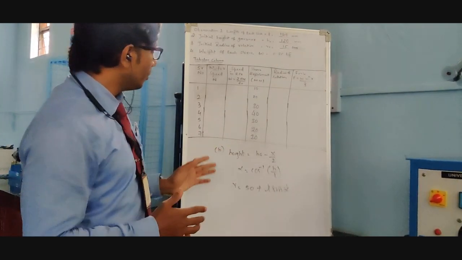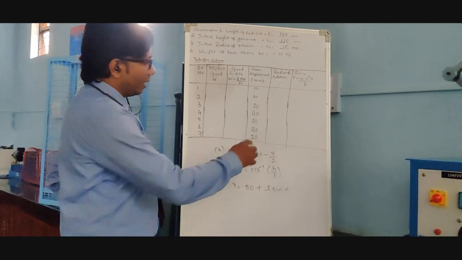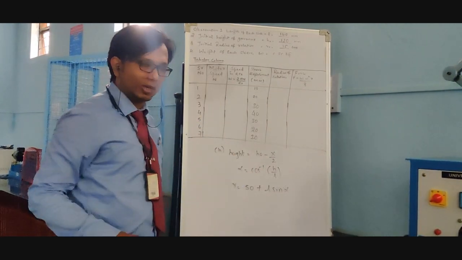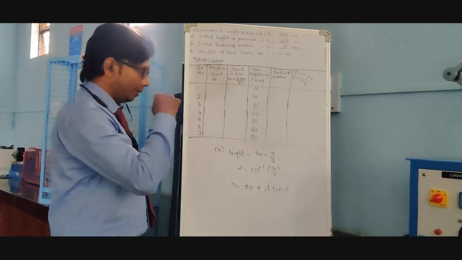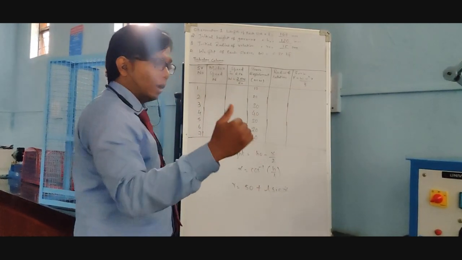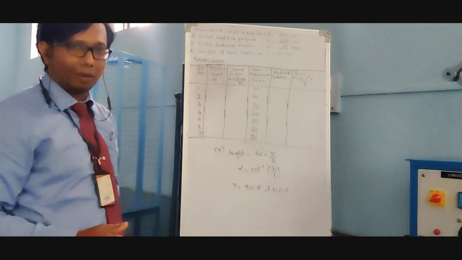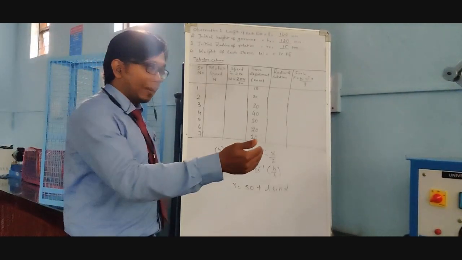In the observation, first I will select the sleeve displacement: for 10 mm, 20 mm, 30 mm, and 40 mm, I will check what the RPM will be. Then I will come in reverse.